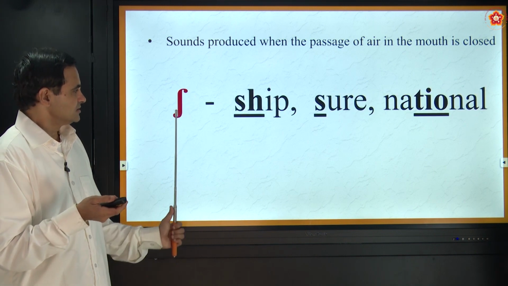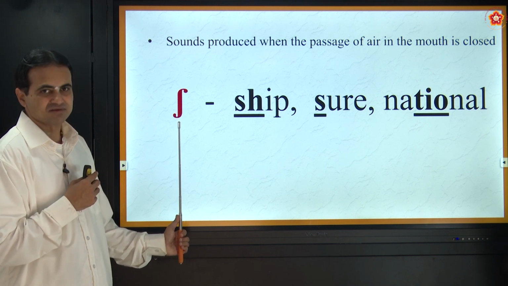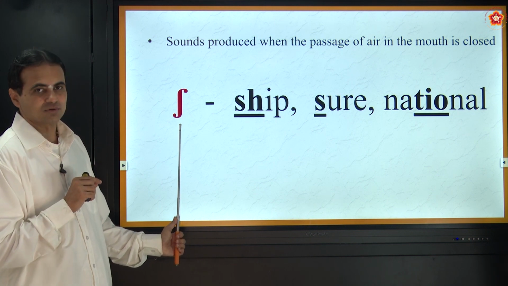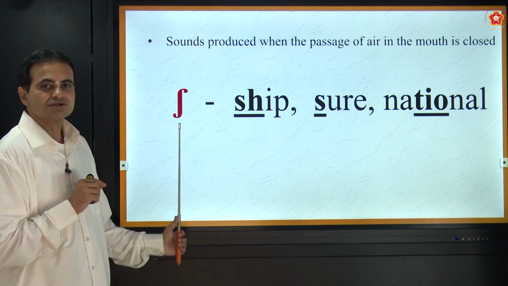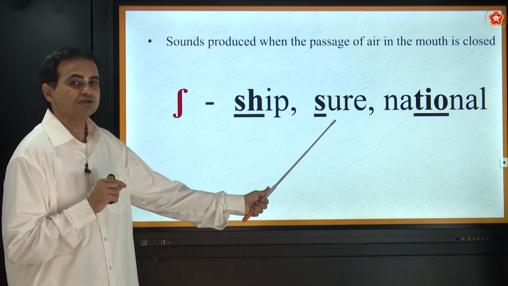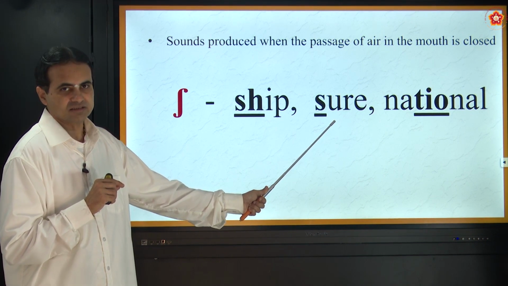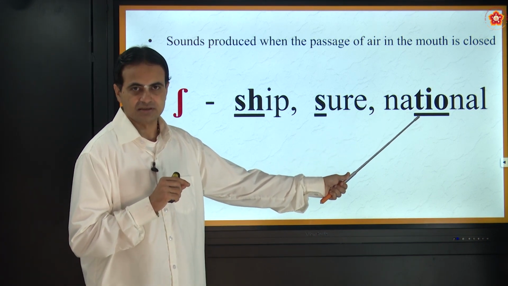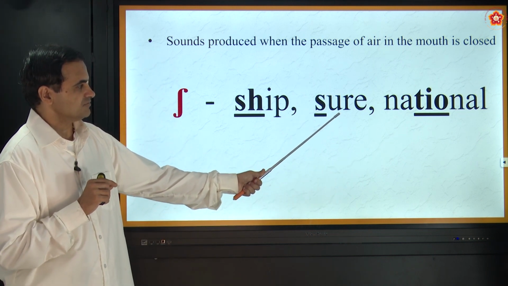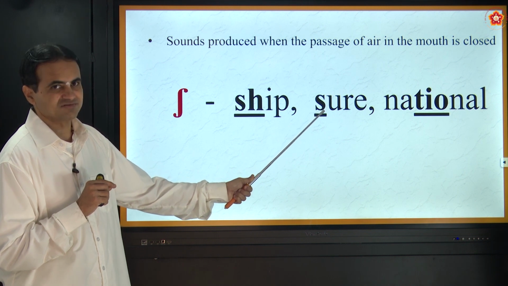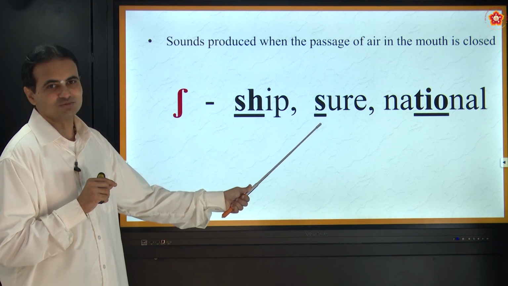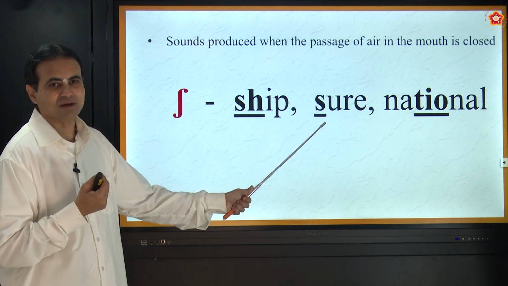The next sound, this symbol, kind of F without dash, represents the sound sh. We have ship, sure, national. We do not say s here instead of sh, because sure becomes sewer, and in Hindi, sewer is called pig.